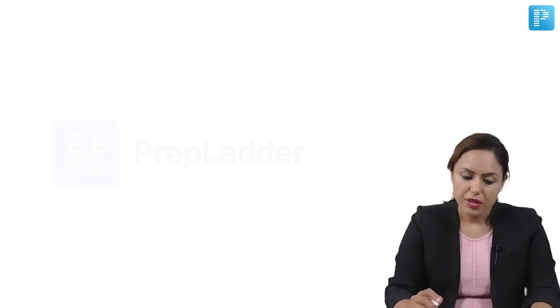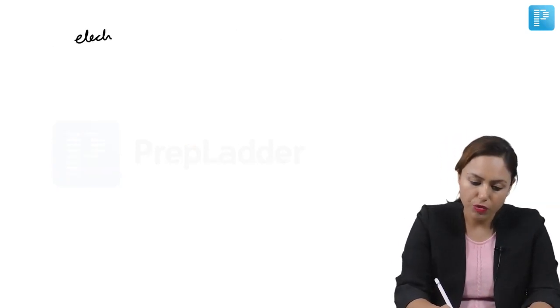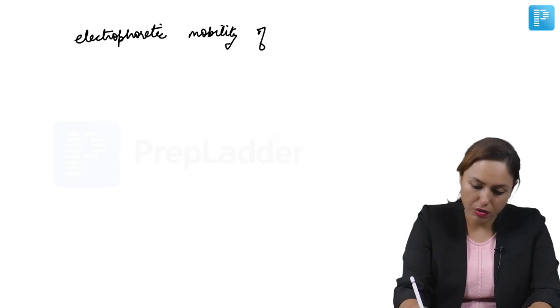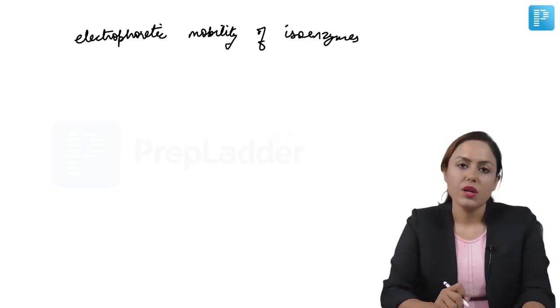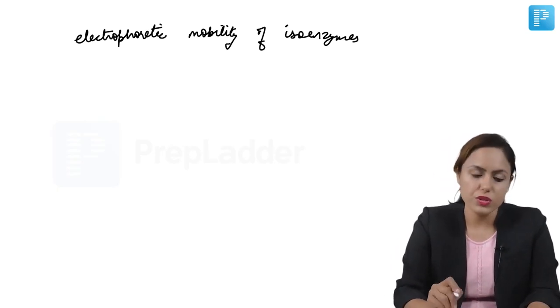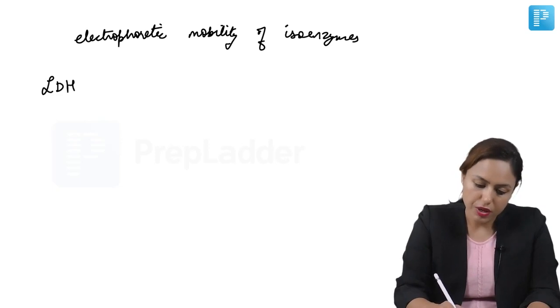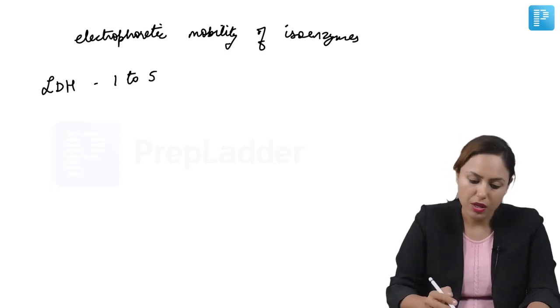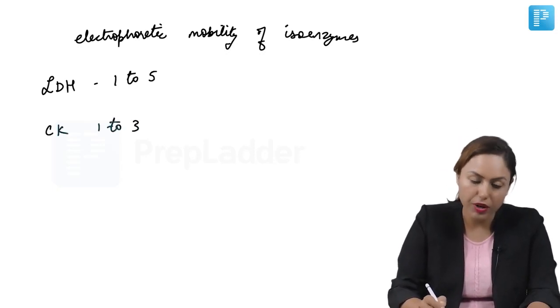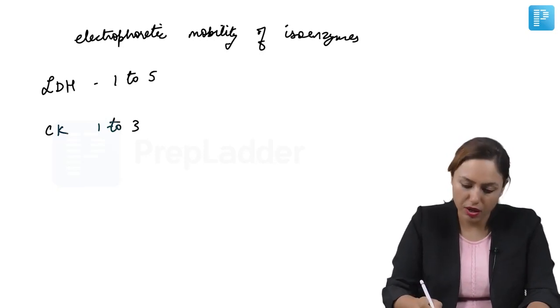The next is, sometimes electrophoretic mobility is asked. Electrophoretic mobility of isoenzymes is asked, which has minimum and which has maximum. So I'll give you a hint how to solve these questions. For example, LDH has 5 isoenzymes, 1 to 5, and we know that CK, creatine kinase, has 3 isoenzymes, 1 to 3, right?